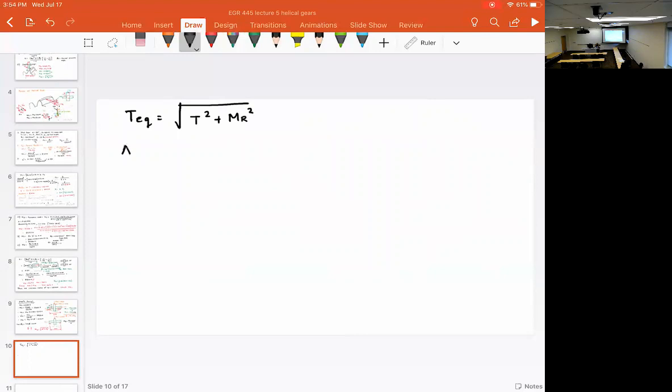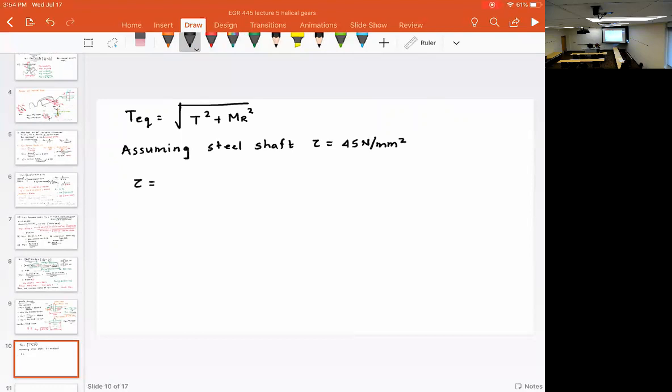And assuming steel shaft, tau is equal to 45 newtons per millimeter square.